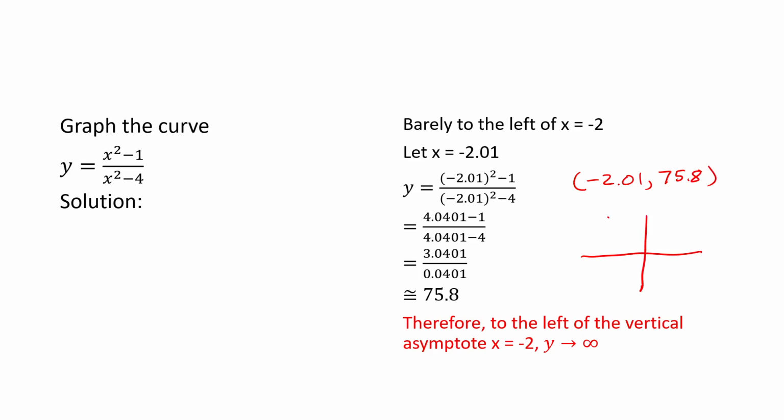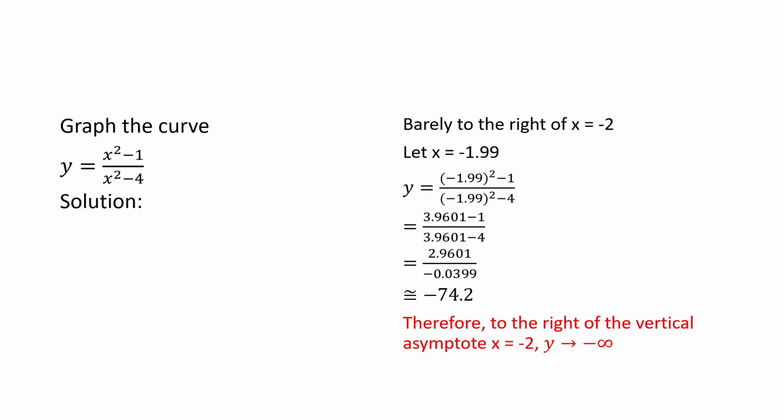Because if I've got a vertical asymptote at x equals negative 2, and I know that this point is on the curve, that tells me that the curve on the left side of that vertical asymptote is going up to infinity, and that's going to be some useful information. So to the left of the vertical asymptote at x equals negative 2, y goes to infinity.